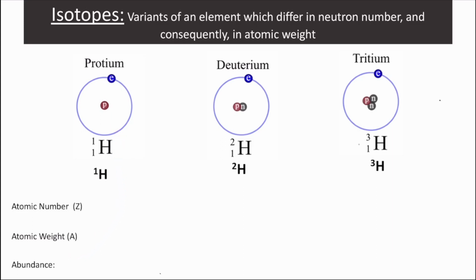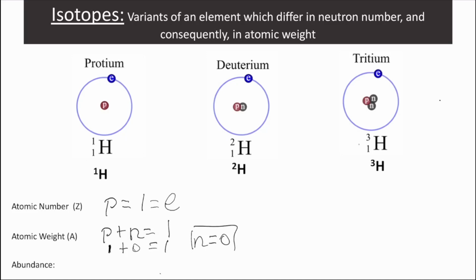Starting with protium. So the atomic number is the number of protons. This is equal to 1. We also know that number of protons have to be equal to number of electrons for it to be neutral. The atomic weight is protons plus neutrons, and this is equal to 1. We know that proton is 1, so neutron has to be 0 for this to be equal to each other.